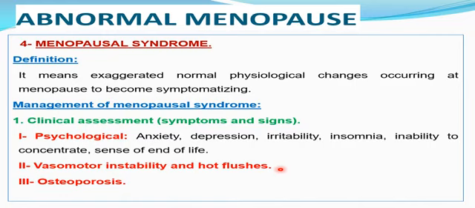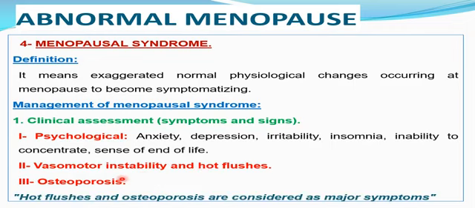During this period of hot flushing, the patient can't tolerate heat, followed by a cold sensation and numbness. At some time, due to severe osteopenia and osteoporosis, fractures may easily develop. So the main complaints of menopausal syndrome are psychological changes, vasomotor instability and hot flashes, and osteoporosis.